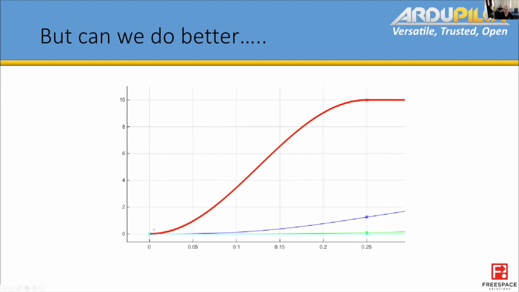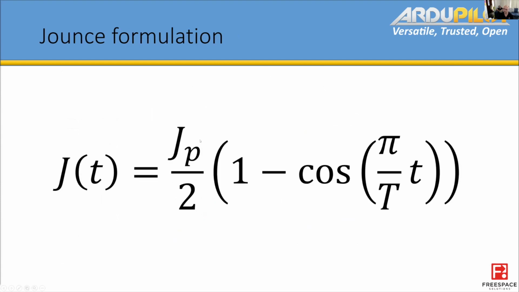So pretty much it's just a quarter of a cosine lifted up, so its negative most point is 0. And so this is the key function that all of this stuff is based on, and you can see it's just 1 take cos, the peak jerk divided by 2, because this goes from 0 to 2 as you go from 0 to pi.